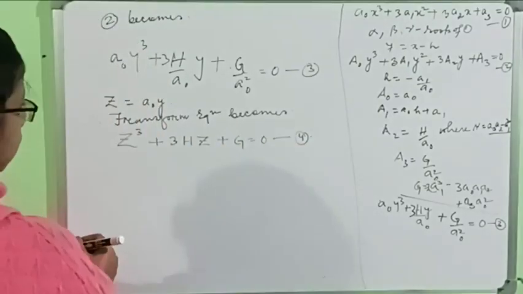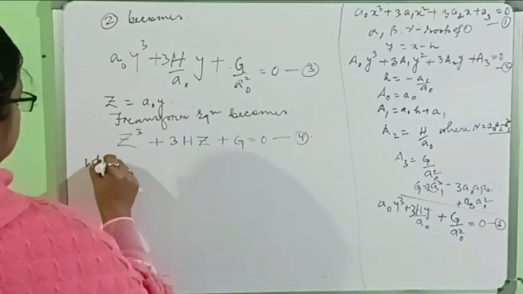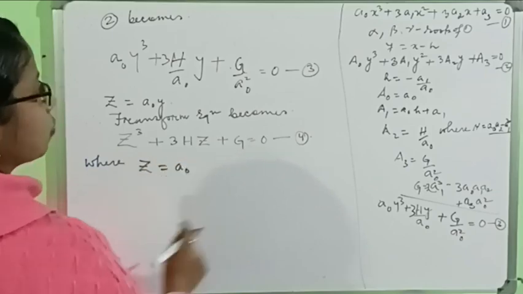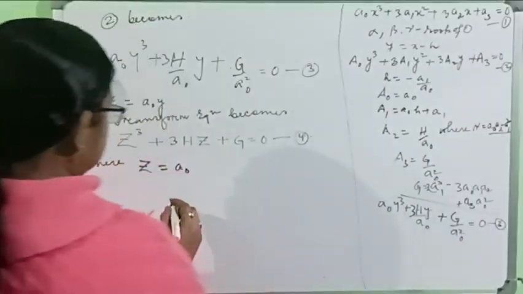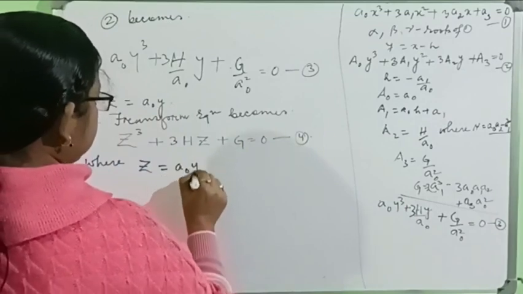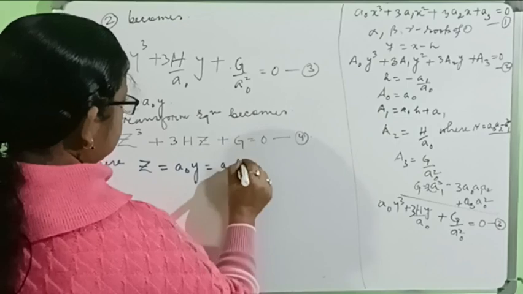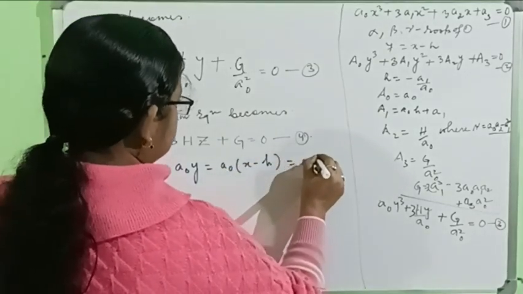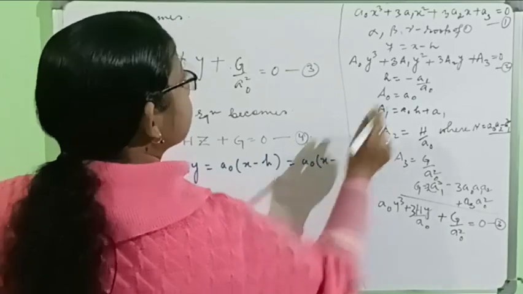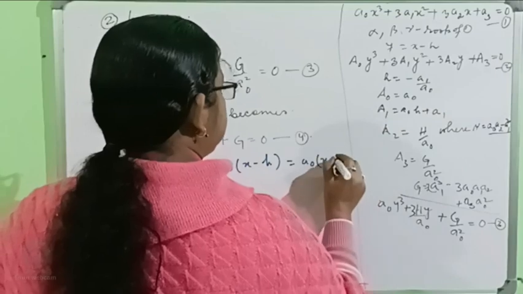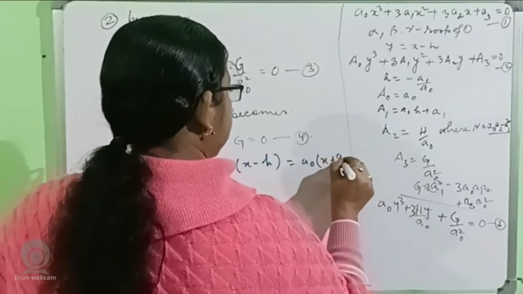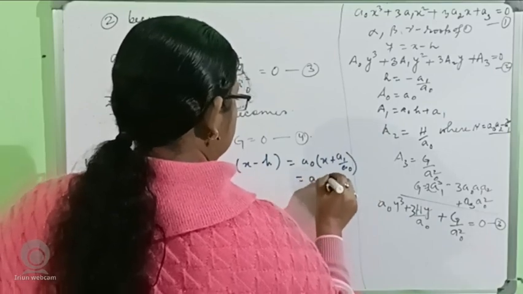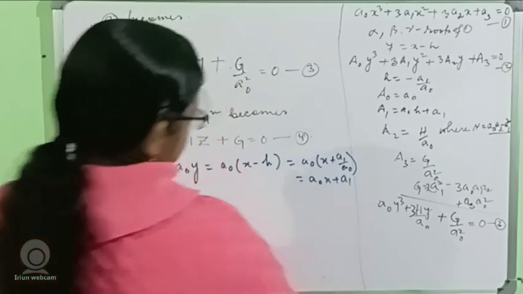Okay? Where z is my a naught y. What is y? Y is x minus h. Okay? Z is a naught y, that is a naught times x minus h. And what is h? H is minus a1 by a naught. Okay? This is equal to a naught x plus a1.